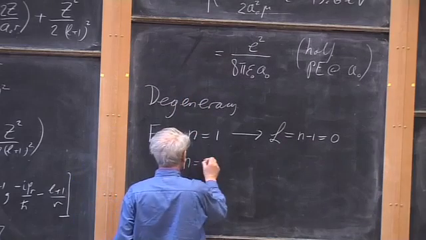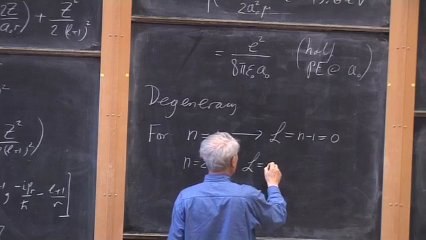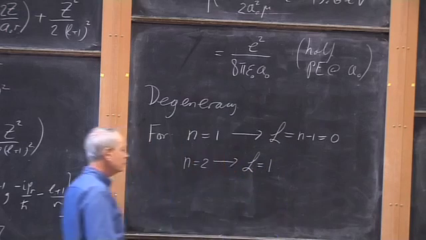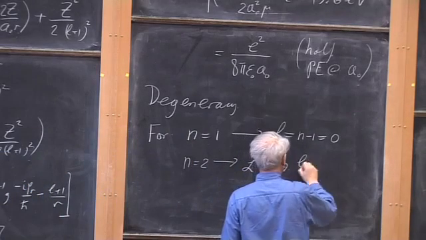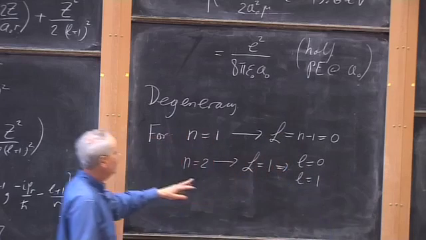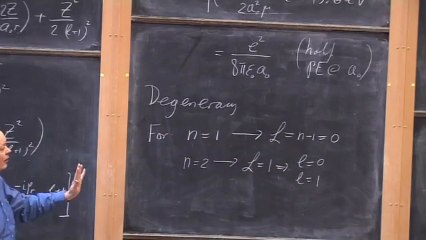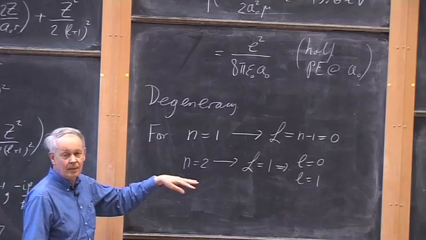For n equals 2, the maximum angular momentum is equal to 1. That means that L can be 0 if you like, and L can be 1. There's a slightly funny thing going on here. n was introduced as 1 plus the maximum angular momentum.